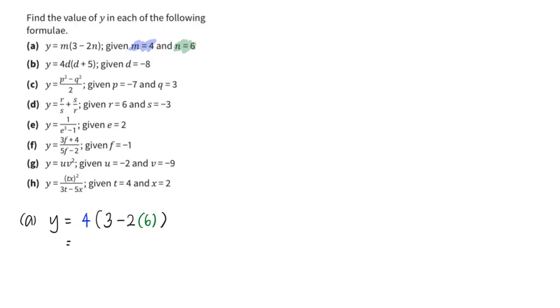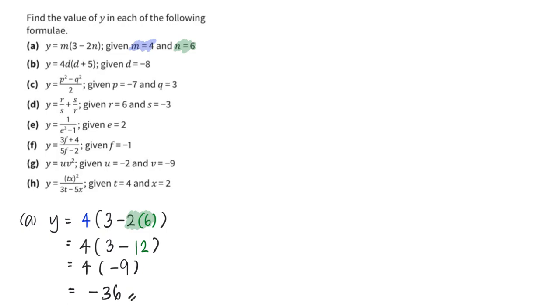So we will still have the 4 outside. 3 minus, we will have to do the times first. 2 times 6 is 12. And we do the bracket first, the parenthesis. So 3 minus 12 will be negative 9. And therefore the final answer, positive 4 times negative 9, is negative 36.